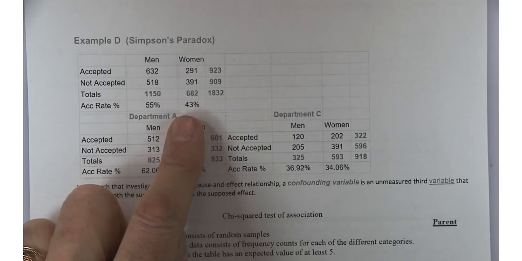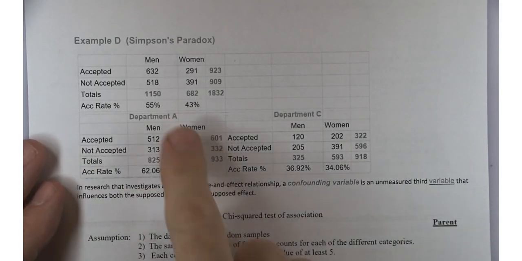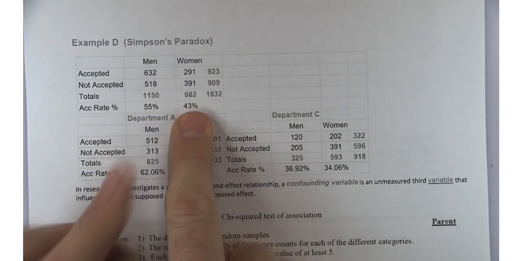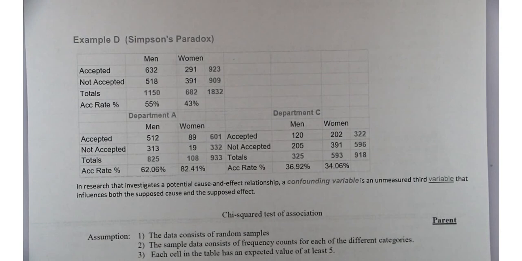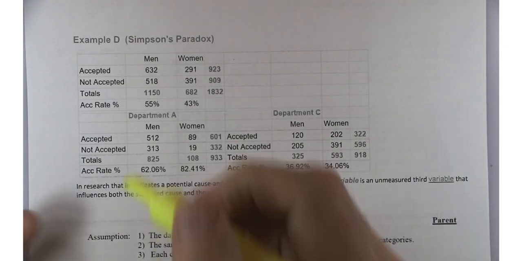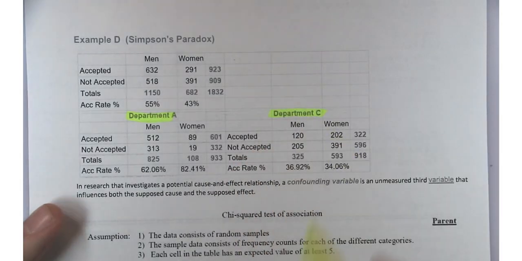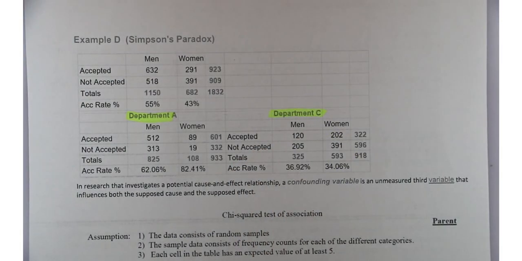And they did. And even though these numbers look pretty bad on the surface, they dug into this further. Now, I could not find the names of the departments that were involved. So the article I read just called them Department A and Department C. But here's what was going on.